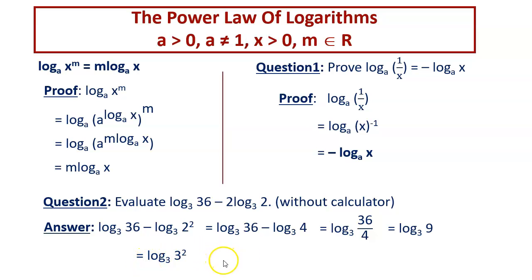So this will be equal to 2 times log of 3 to the base 3. And we know log of a to the base a is always equal to 1. So log of 3 to the base 3 is 1. So this is 2 times 1, which is equal to 2. Therefore, log 36 to the base 3 minus 2 times log of 2 to the base 3 is equal to 2.